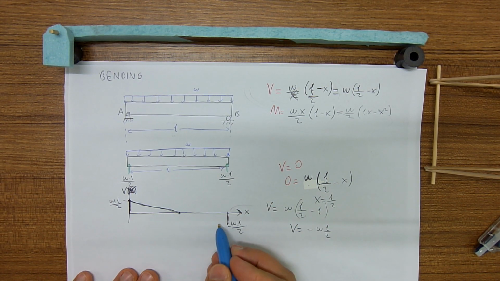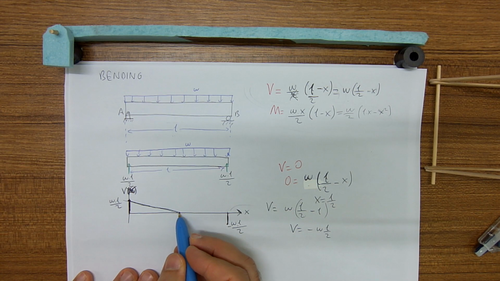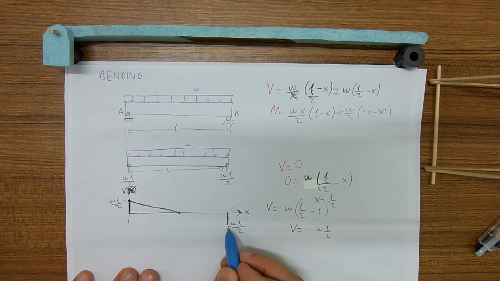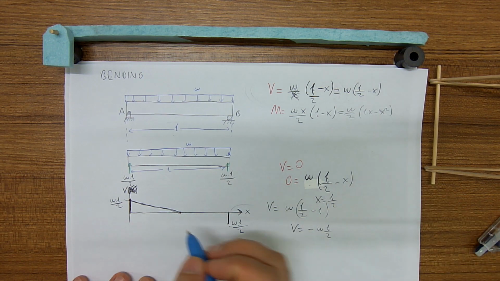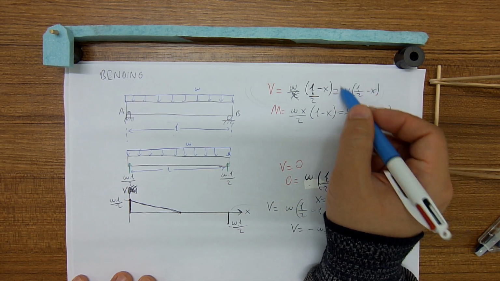So from the midsection to this point, here V was 0, and here it is minus WL over 2, and again this decrease will be linear due to the equation. This is a linear equation.